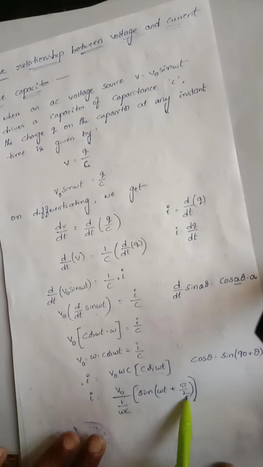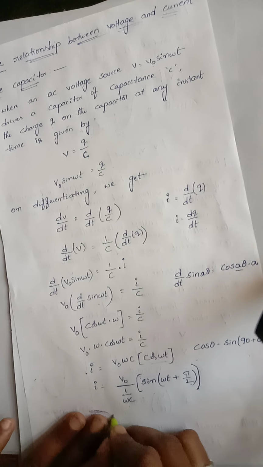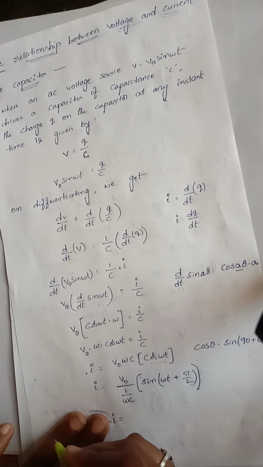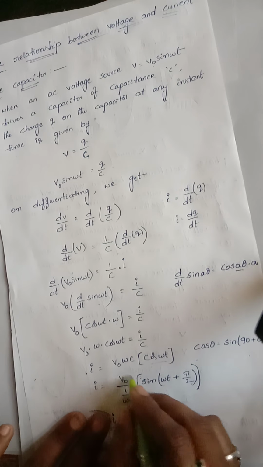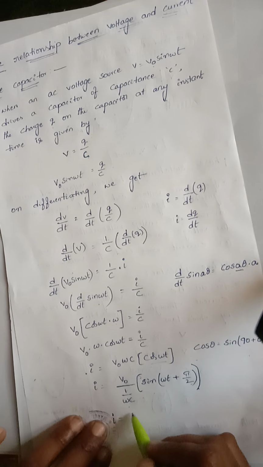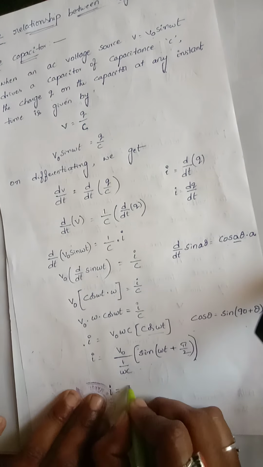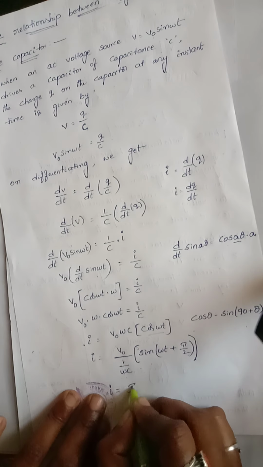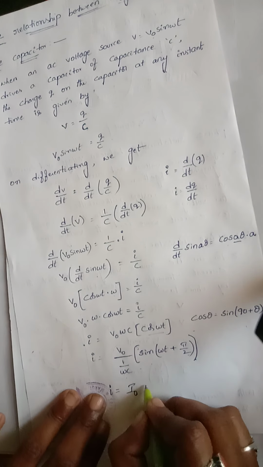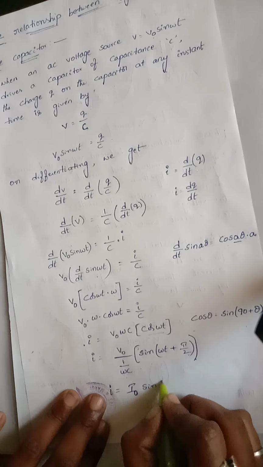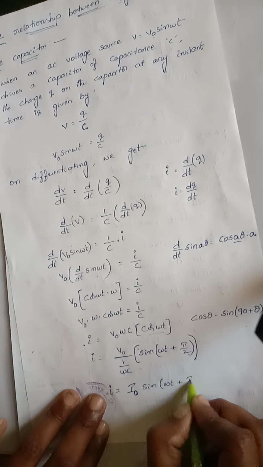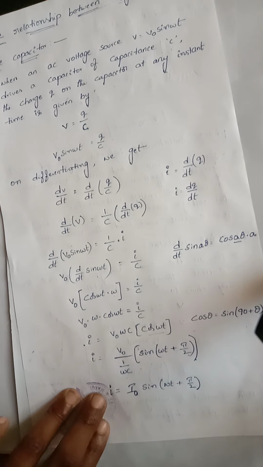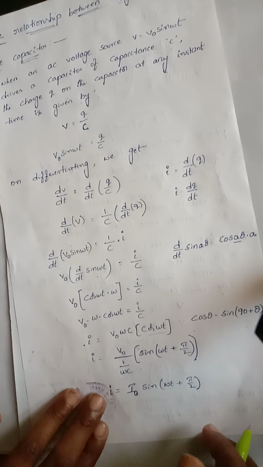Pi by 2 is nothing but 90 degrees. V naught by 1 by omega C I consider as I naught. So I equals I naught sin of omega t plus pi by 2.